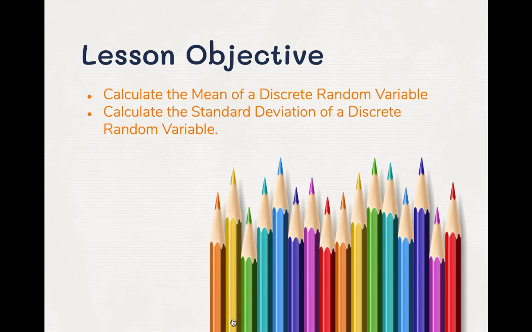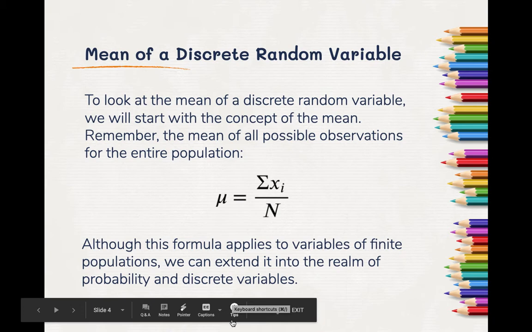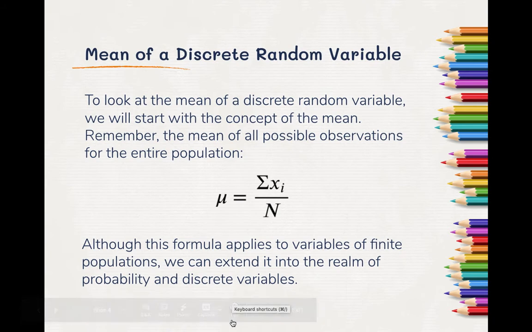So, let's start with the mean. When we talked about the mean before, we sum up all the x's. Sorry, I'm talking about something else. The mean is just you sum up all the values and divide by how many there are. This is talking about a variable of finite populations.